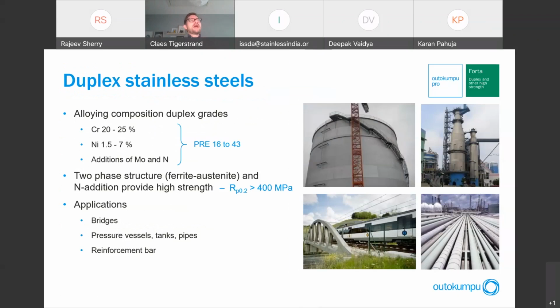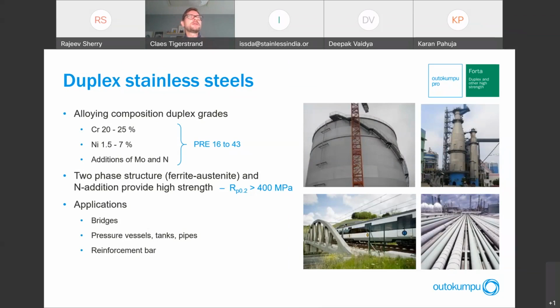Then we have the duplex stainless steels with alloying composition, where you have a high chromium content, relatively low nickel. You have addition of molybdenum and nitrogen to increase the corrosion resistance, but also the strength related to the nitrogen.